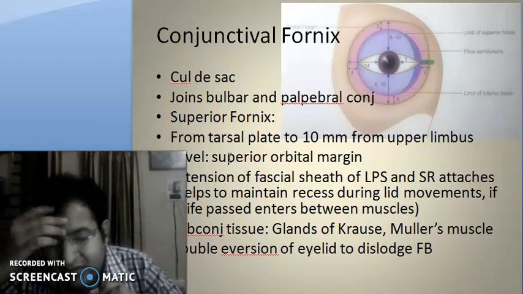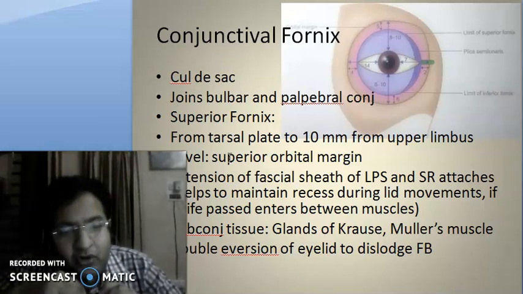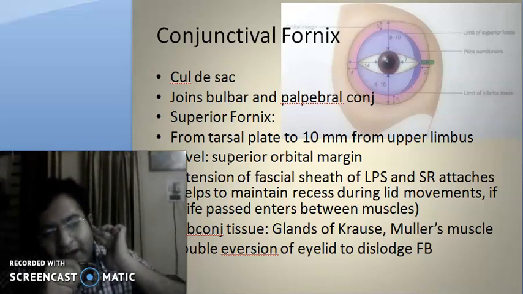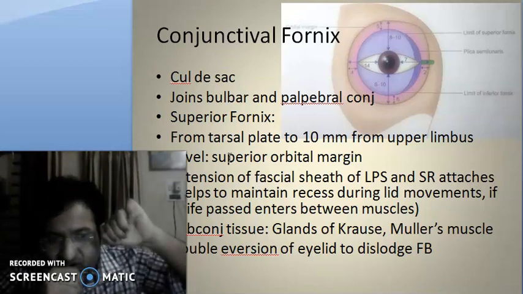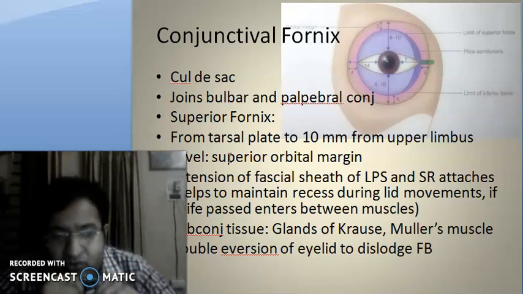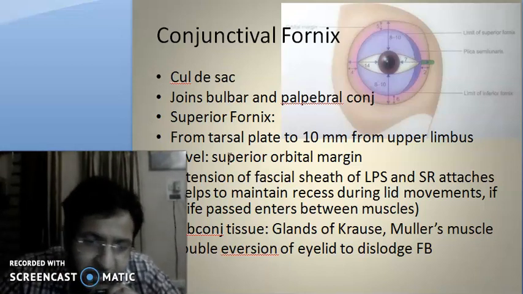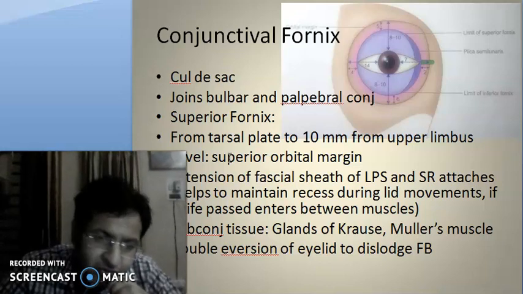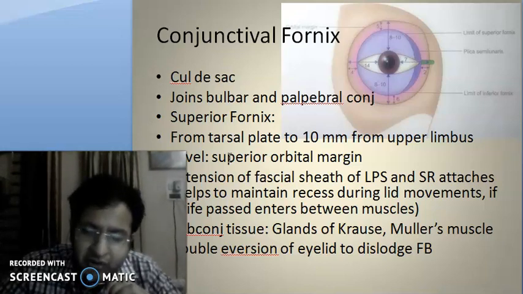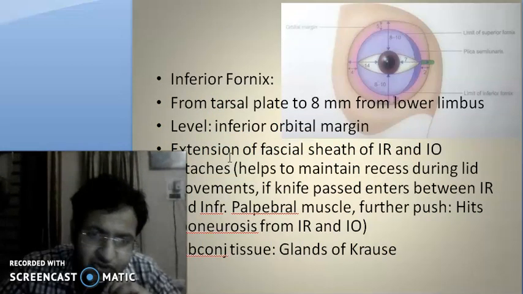And if there is any suspicion of a foreign body lodged in the superior fornix, what do we have to do? Not a single inversion, but a double inversion using the Desmarres retractor helps to dislodge the foreign body from the superior fornix if the foreign body is not removed by the eye wash.